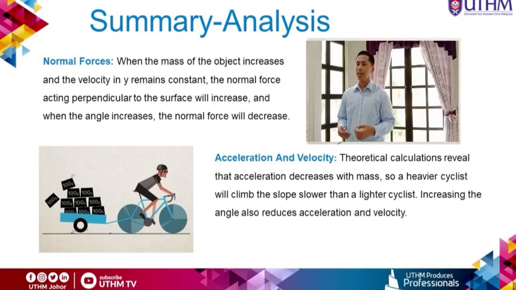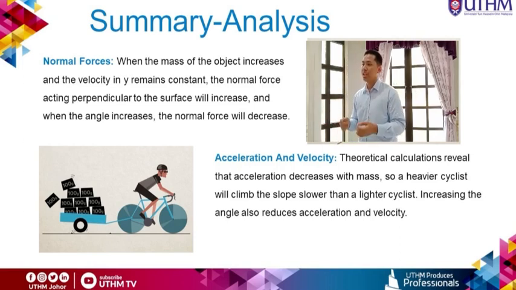For the summary analysis of normal force, when we increase the mass, the normal force will increase. If we increase the angle of the inclined plane, in our case the hill, it will decrease the normal force.